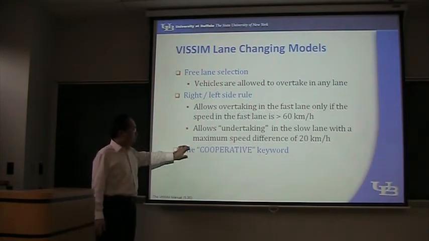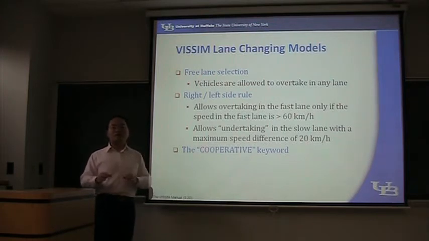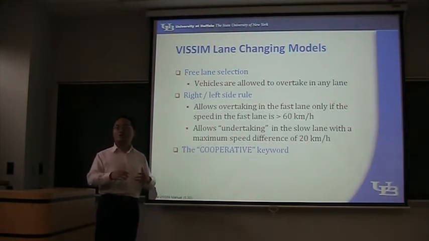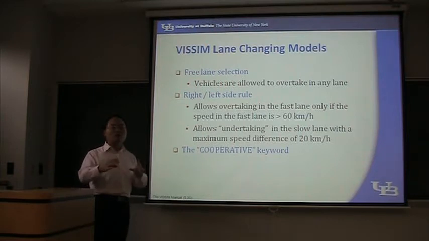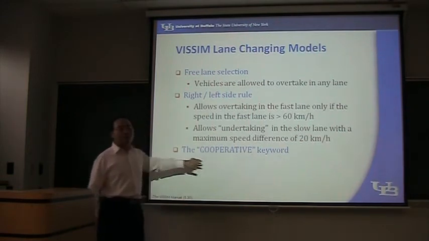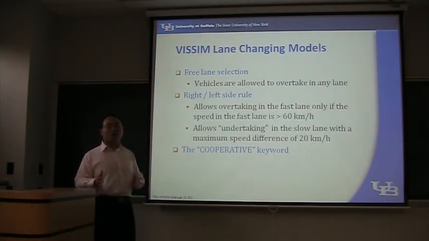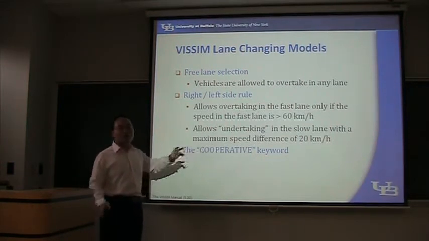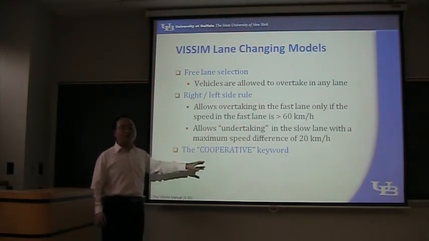But we have a keyword which we can manually code in the VSEM's IMP file. In VSEM, the model is all comprised in one file called model.imp. You can manually put this keyword in the file to specify a cooperative lane changing. This is not found in the manual or in the dialog, so you have to put it in the text file, the IMP file.